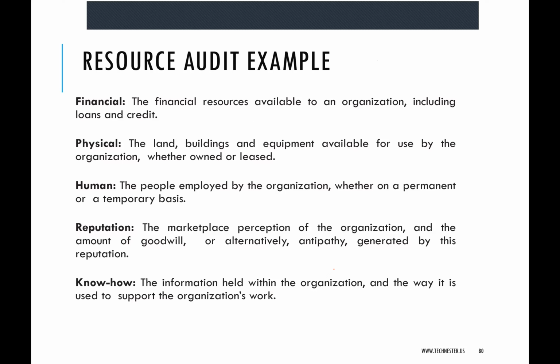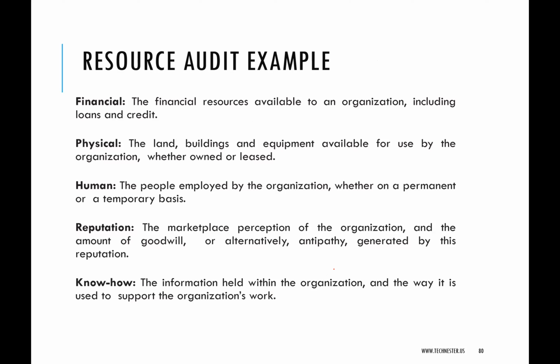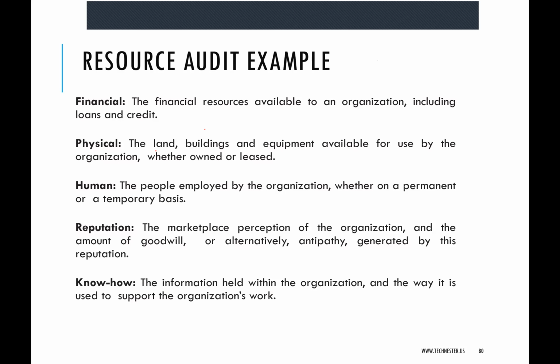What are our financial resources? Maybe we have this amount of money in the bank, or we have a good relationship with a manager, and he has promised that he can give us $10 million if we need it. Those are financial resources that are accessible to us. So physical resources: land, building, equipment that we have.